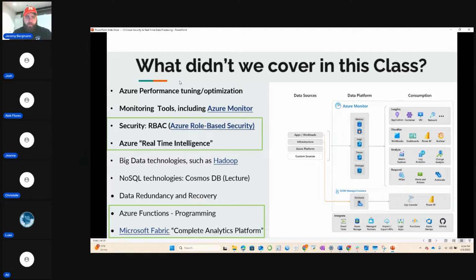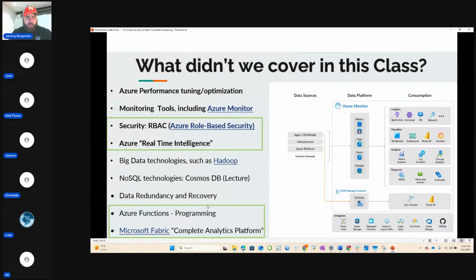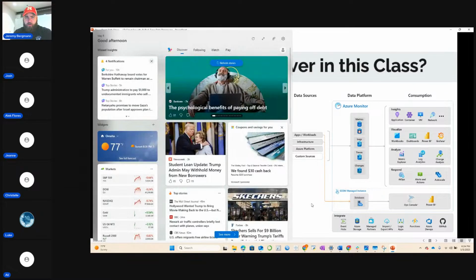We'll take a look at real-time intelligence. We won't actually take a look at Azure Functions, but we will do this in terms of Microsoft. A little bit about Microsoft Fabric, a little bit of background and what's available there. You'll see a lot of similarities between what we have seen in the Azure Data Platform and Microsoft Fabric's complete analytics platform.